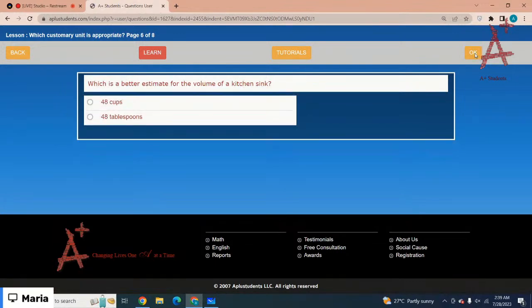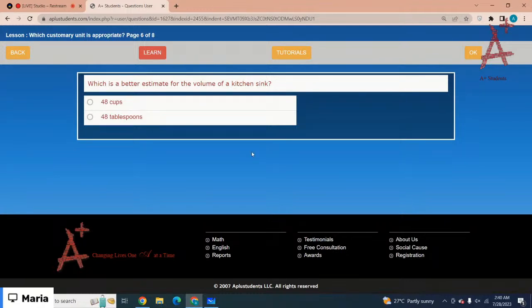Okay, which is a better estimate for the volume of a kitchen sink, which is the correct option?